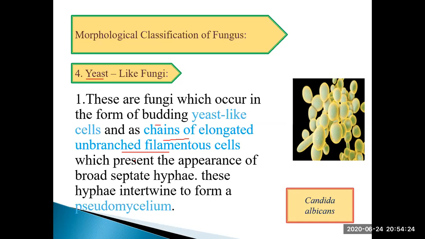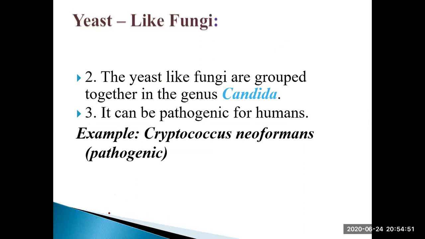In case of mold, they can produce branching, but in this case they cannot. Septate hyphae are also present, and when these septate hyphae are joined together, they prepare a pseudomycelium. It's not a mature mycelium, it's called pseudomycelium, like the mycelium.